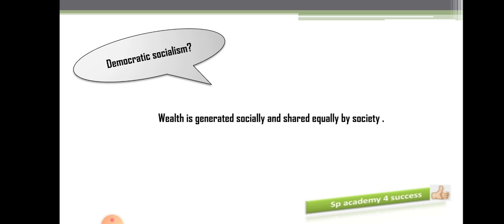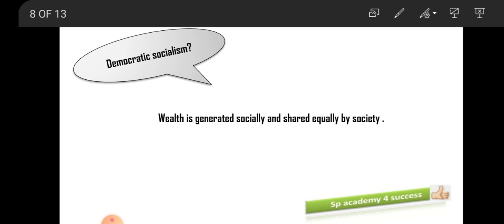If you see the definition of democratic socialism, in simple words it means wealth is generated by the government socially and shared equally with all the members in the society. I repeat the definition. What is democratic socialism?